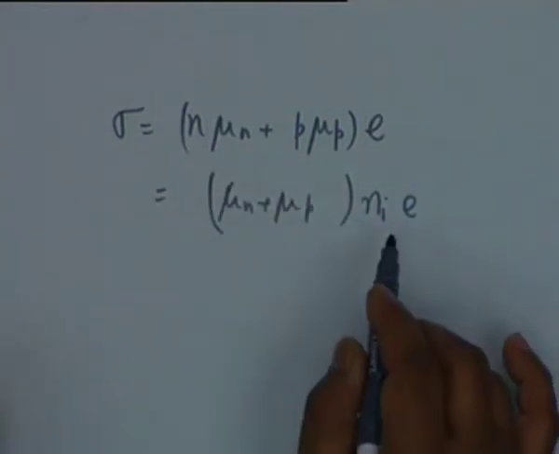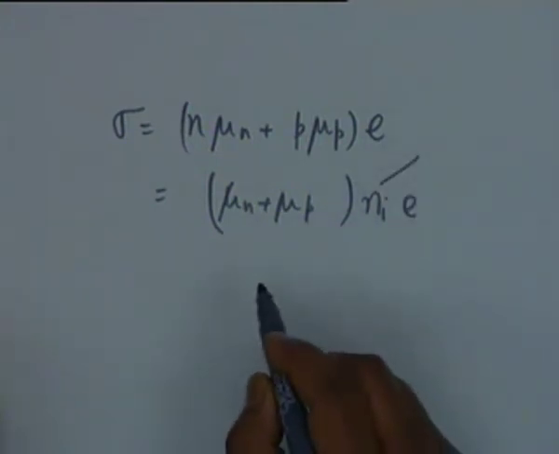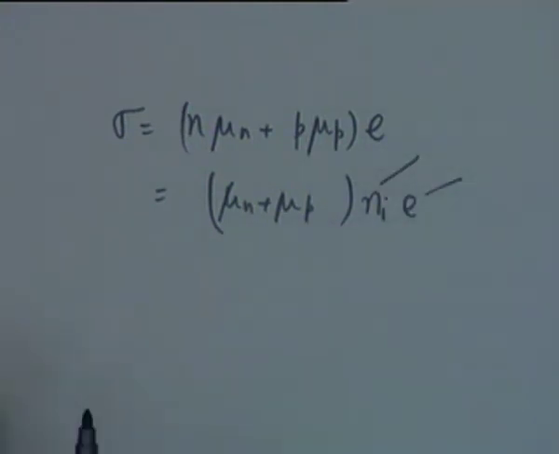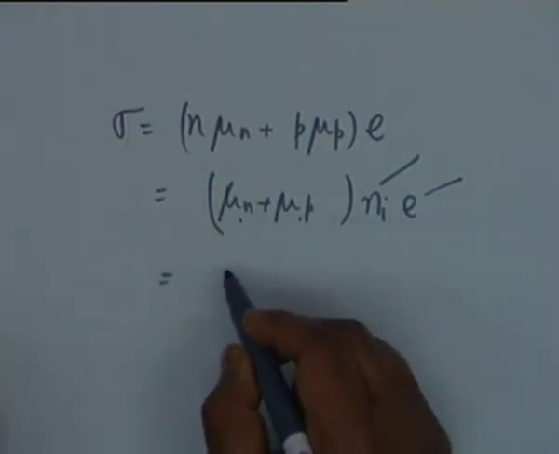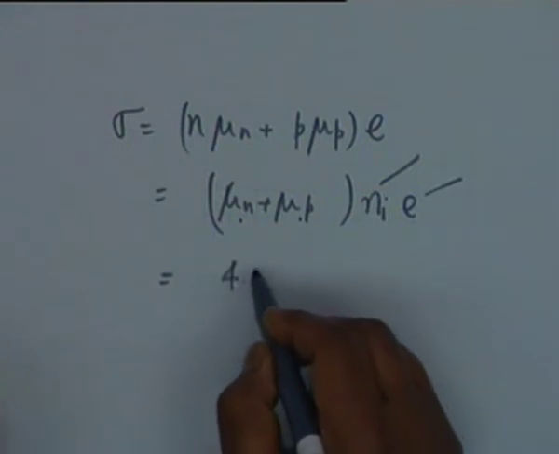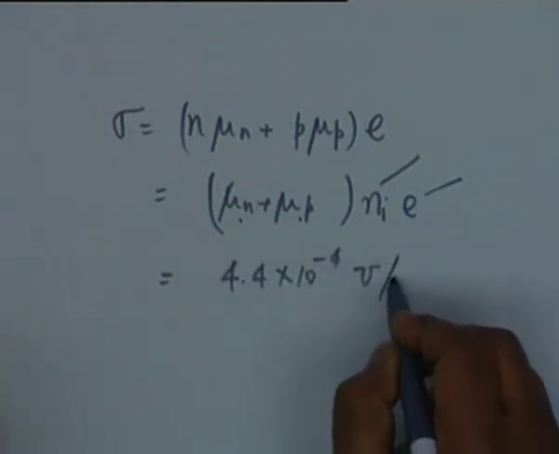If you substitute the values, 1.6 times 10 to the 16 for this, 1.6 times 10 to the minus 19, mu n and mu p, then it calculates out to only 4.4 times 10 to the minus 4 mho per meter.